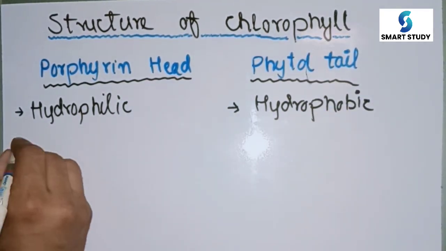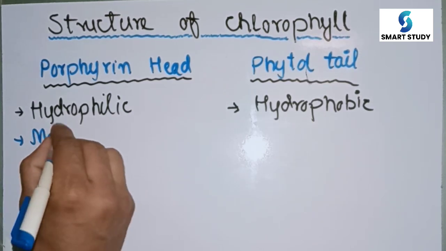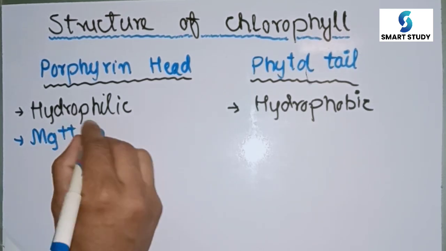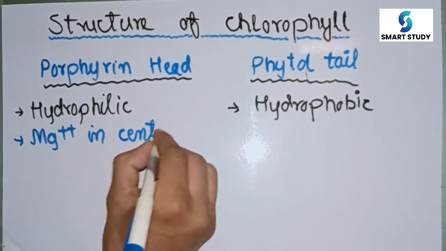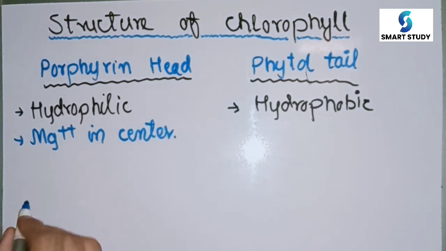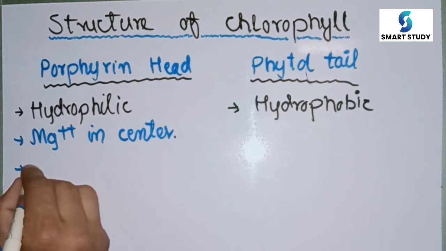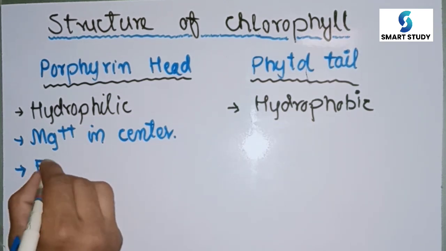The head contains magnesium in the center. There are 4 nitrogen containing rings surrounding the magnesium ion, known as pyrrole rings.